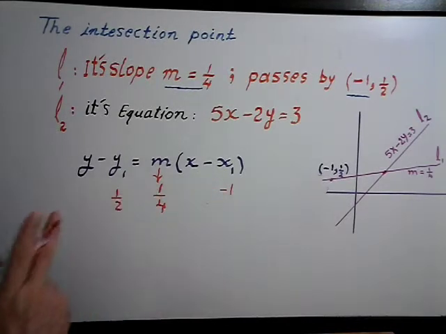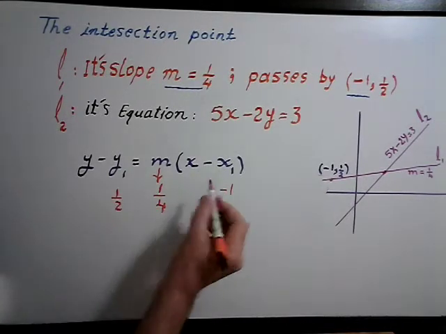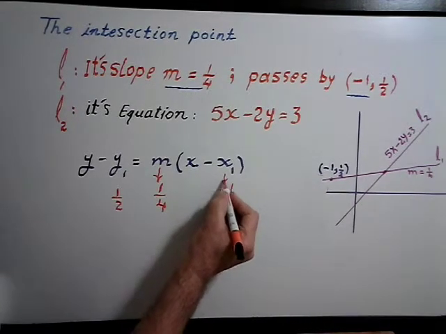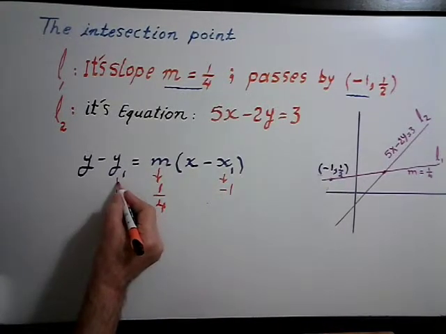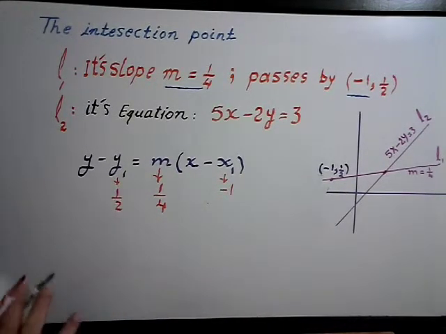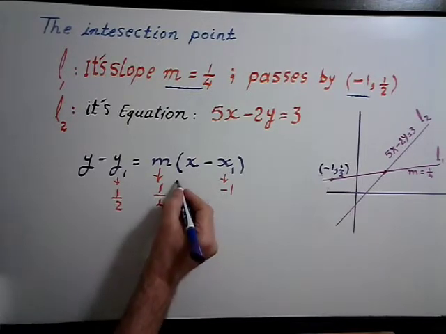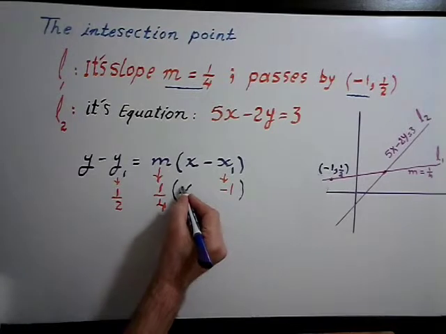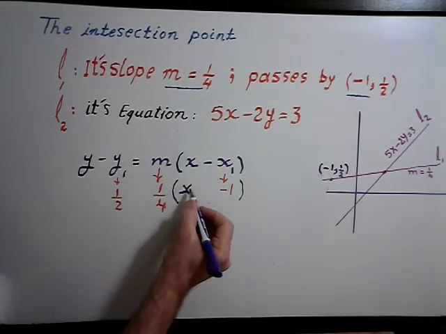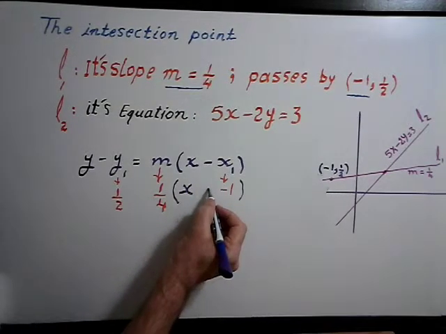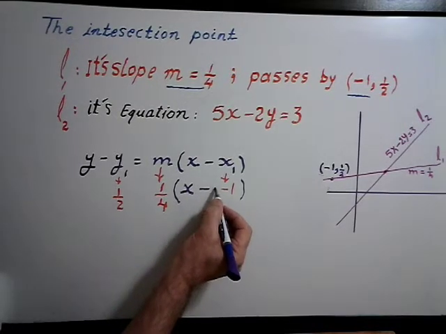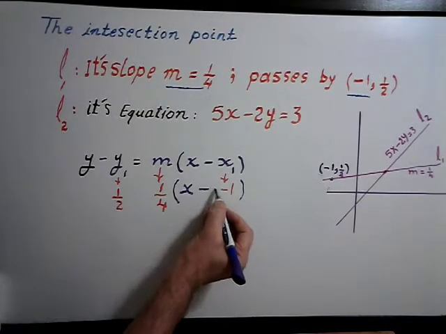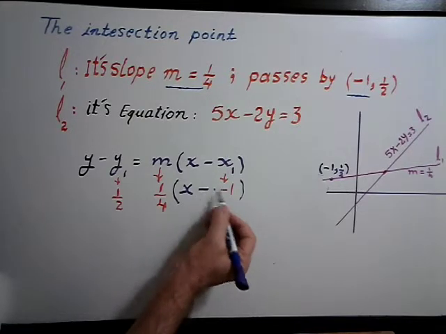So after I did this substitution, I will continue completing the equation by writing the brackets here and the same x, and the negative will come down also. Don't forget, negative times negative will change into positive.